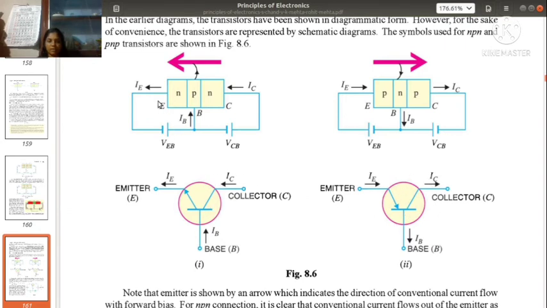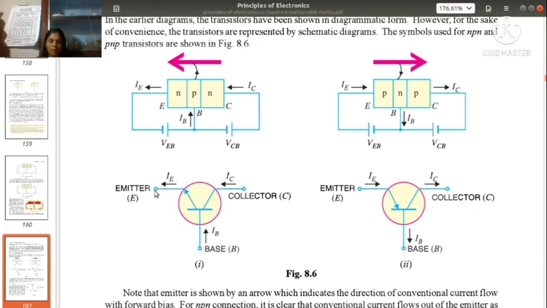You can see the emitter current flow direction. Since the negatively charged electrons flow in this direction, the current direction is the opposite. Similarly, here the current direction is here. So the current direction from the emitter can be shown outward.